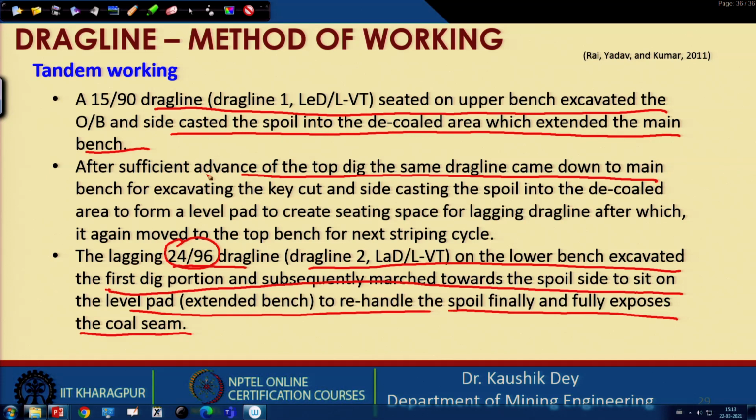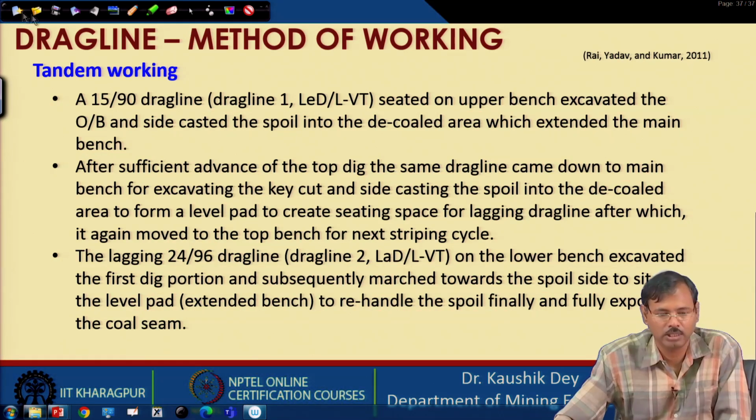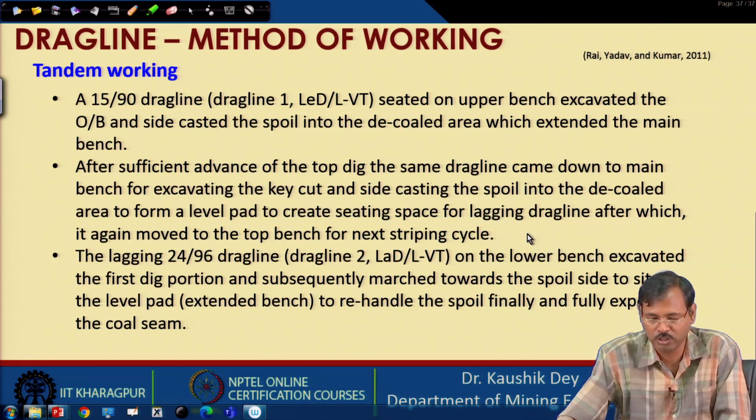So, this is the vertical tandem method, which allows the drag line to work on a very high bench up to 42 meters.